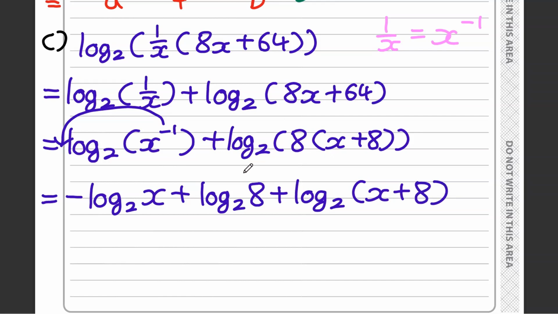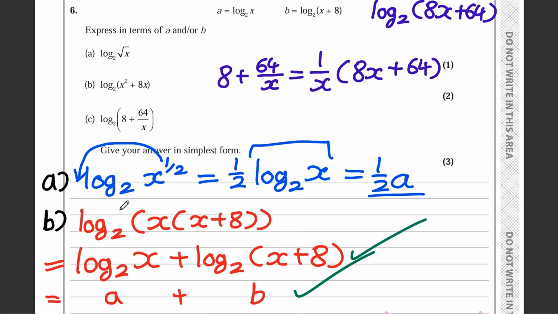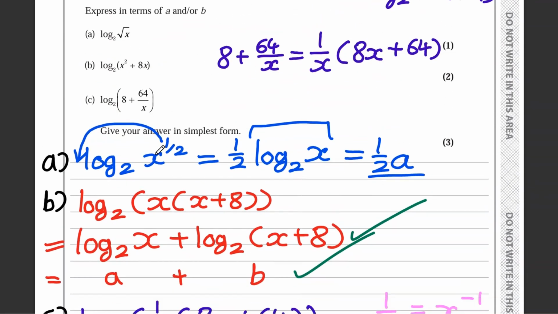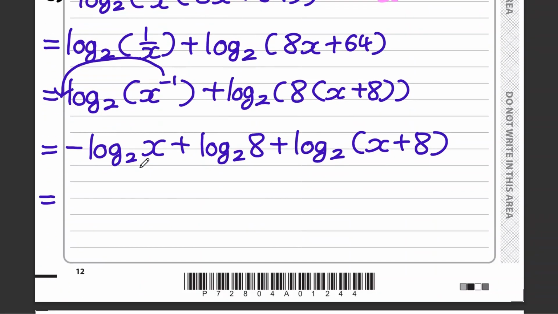Okay, so this is really useful to us, and the reason for this is, so here we have this minus log base 2 of x, and a is equal to log base 2 of x, so we can write this here as minus a. Okay, and then this is plus log base 2 of 8. Now remember what a log actually means.